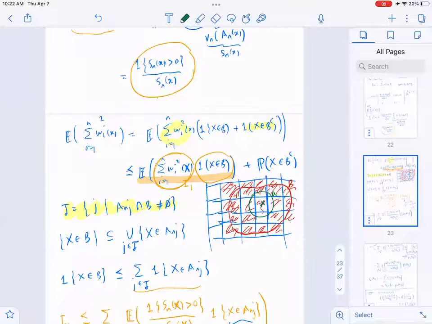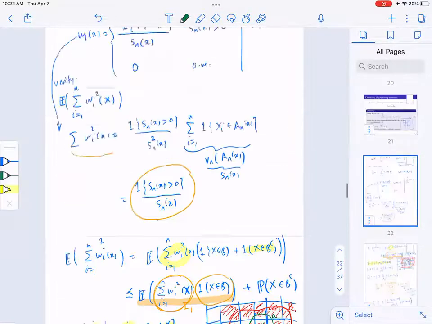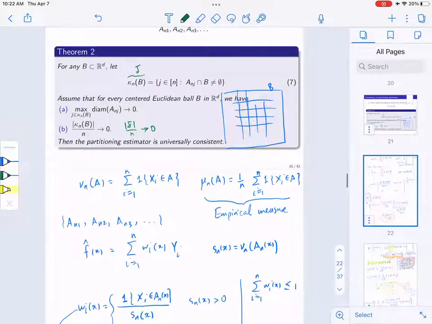The bounding is just a nuisance. For this part, you don't need to bound. For example, in the book Distribution-Free Regression, they assume a weaker condition, but you can just assume that the maximum diameter for all the cells is going to 0. So you don't have to deal with the B here.